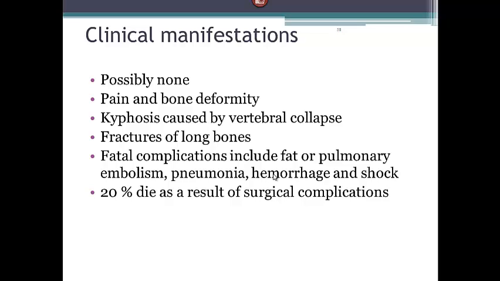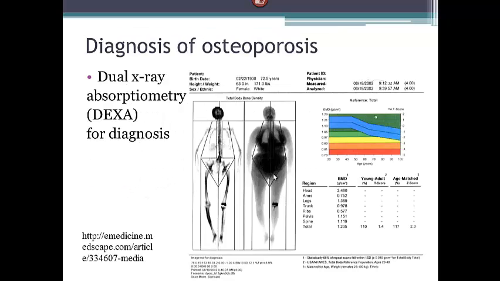Again, the T-score is very important: less than minus 1.0 and more than minus 2.5 is osteopenia, and less than minus 2.5 is osteoporosis. And this is what this table is trying to represent.